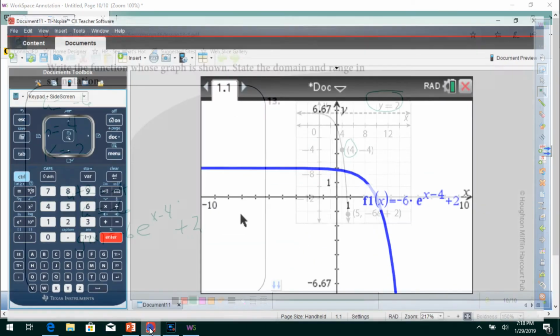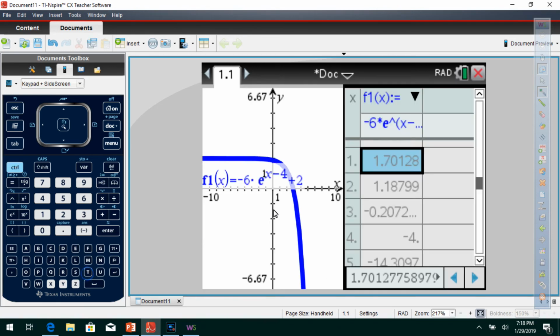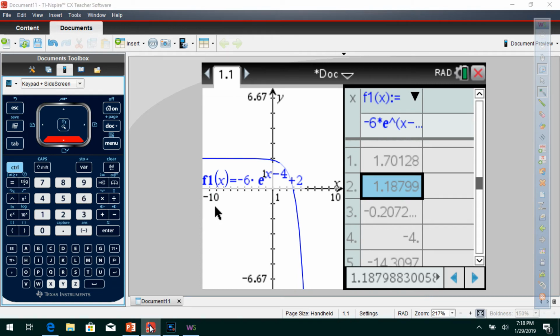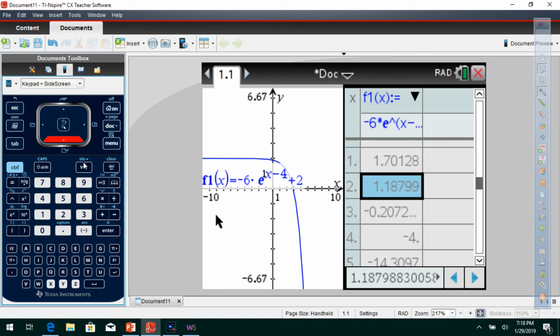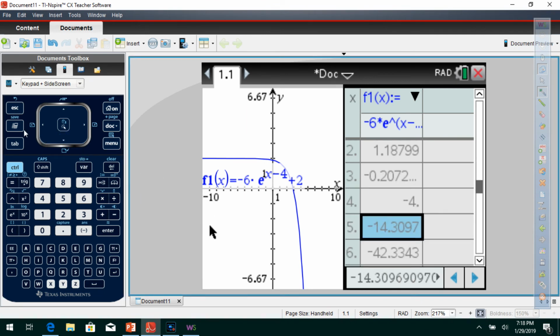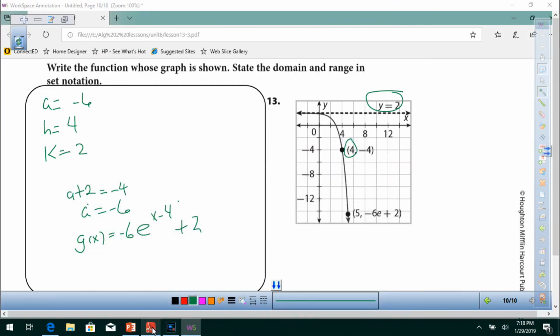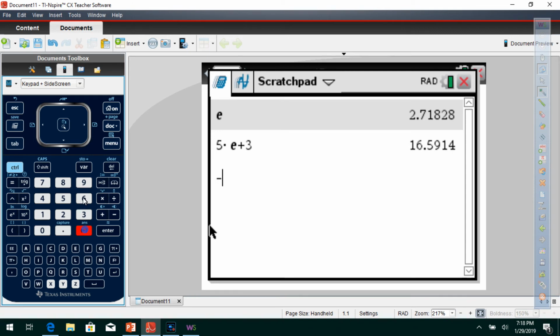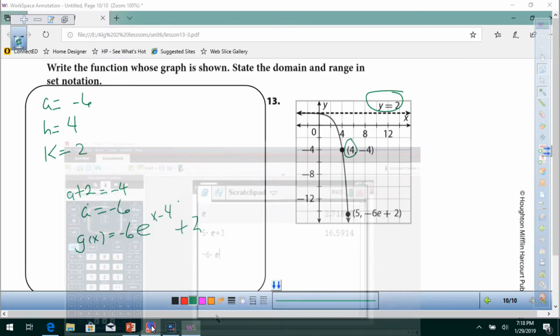Let's see here. So we got 4, negative 4, control T, 4, negative 4. And then what's the other one? 5. Okay, 5. Negative 6 times e, and then it was plus 2.